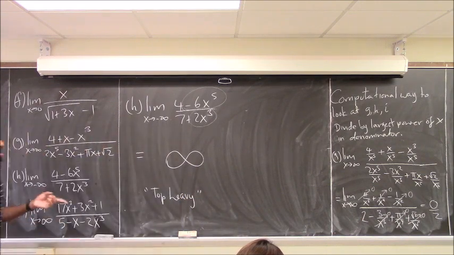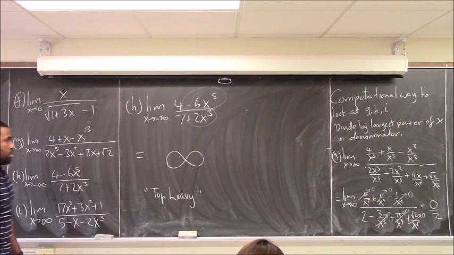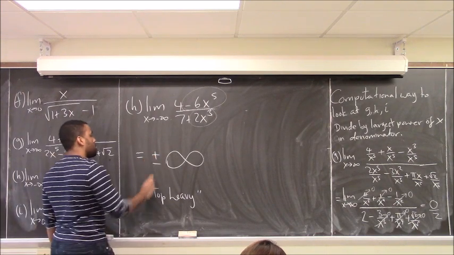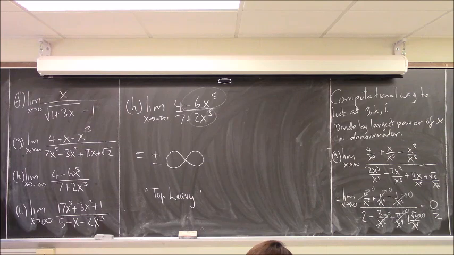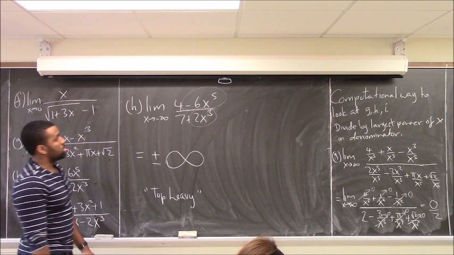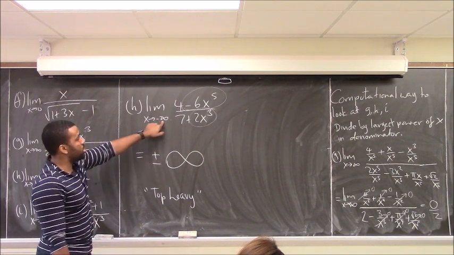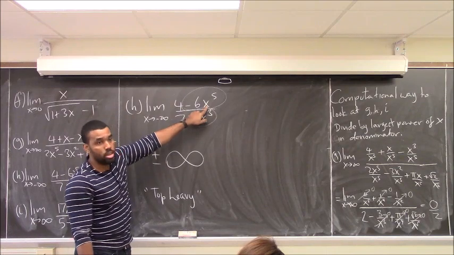But I believe we did an example last time where this came up as well. You're not sure if it's plus or minus, so how do you determine that it was negative infinity? Actually, I think it's positive. I didn't see it's x towards negative infinity, so. Okay, so if your x is negative infinity, your x to the fifth would be negative, right?